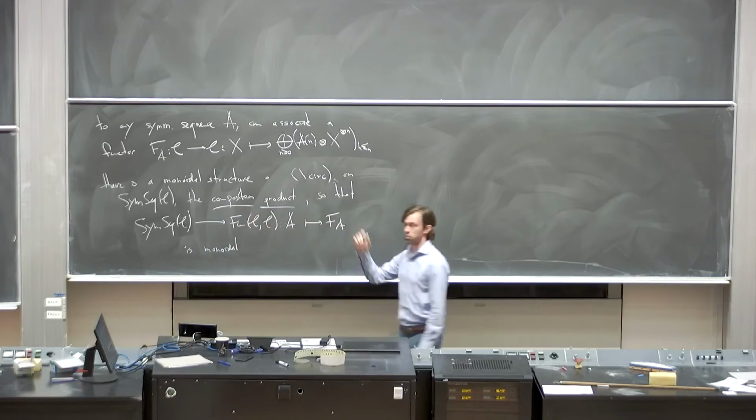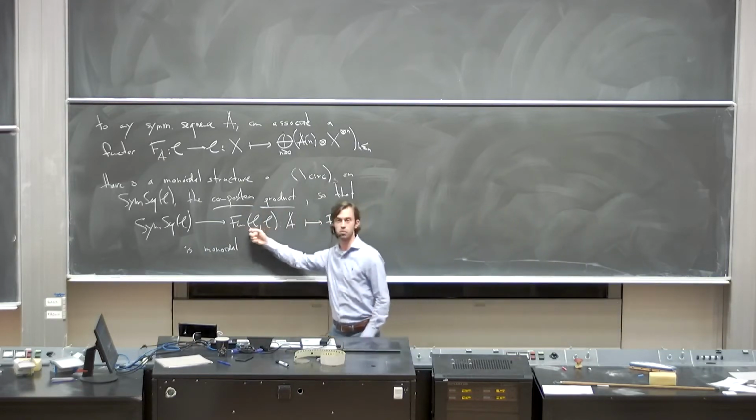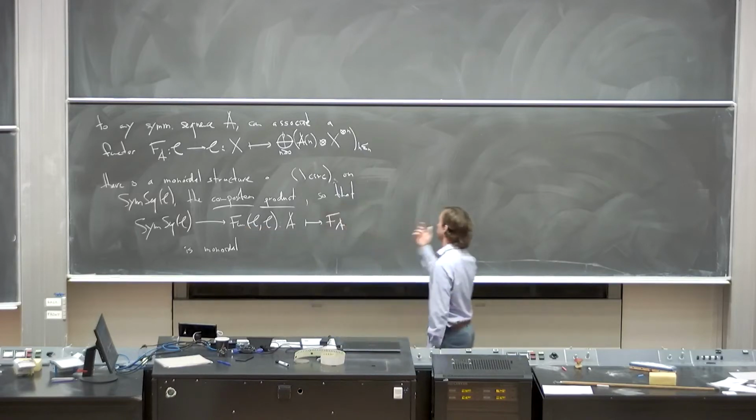In other words, it sends the composition of symmetric sequences to the composition of functors. The monoidal structure I'm thinking of here is composition, and that's why it's called the composition product.